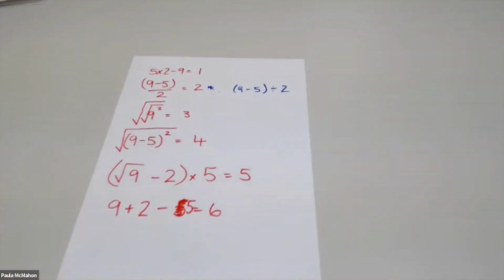Once I introduce this, even at year 5 level, if the students have never seen a square root sign before, you explain to them what it does. This is the explanation I use for primary school students and year 7s at the beginning of the year: you have to think of a number that multiplies by itself to give that answer.